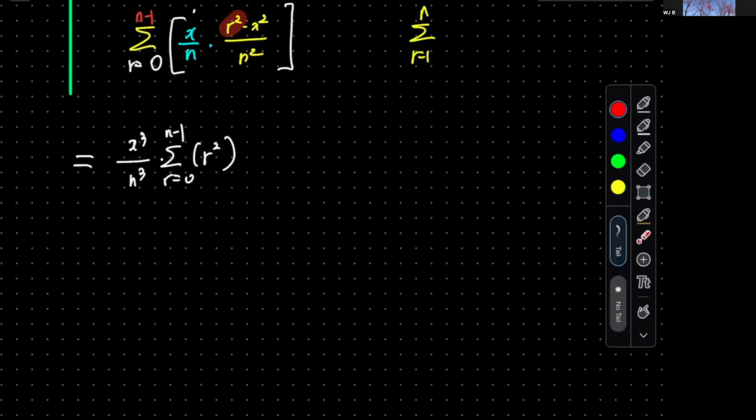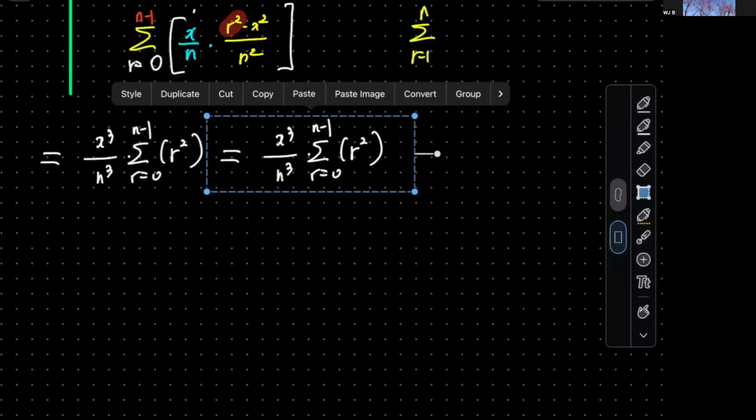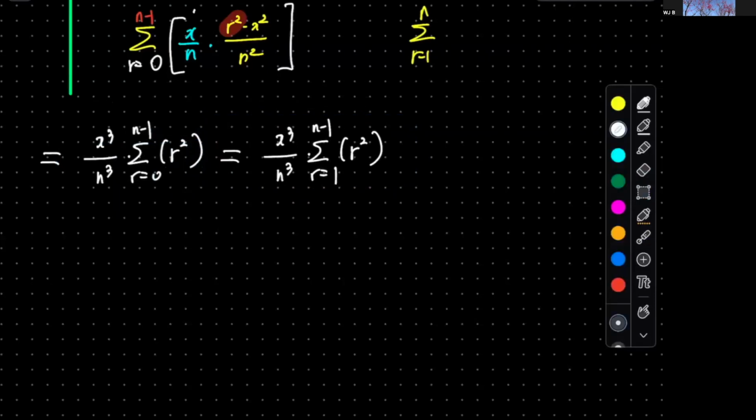But as you can see, r equal to 0 is really not that big of a deal, because if I put r equal to 0, it's going to be 0. So now I can re-express this as simply just 1, because if I put r equal to 0, it's insignificant. That's great. Now my job is to simplify this. How can I simplify this? Well, we had the sum of integer squares.